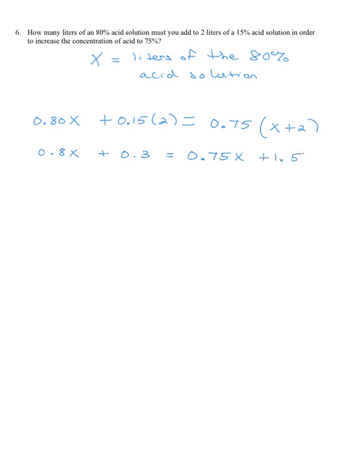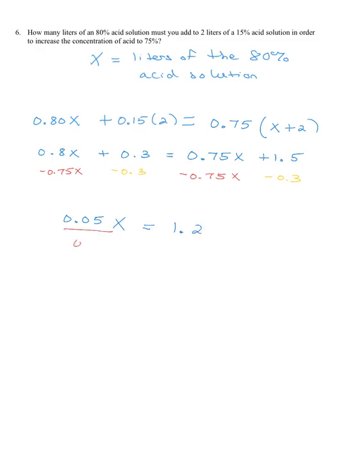I will subtract 0.75x from both sides, and also I'll subtract 0.3 from both sides, and I get 0.05x is equal to 1.2.